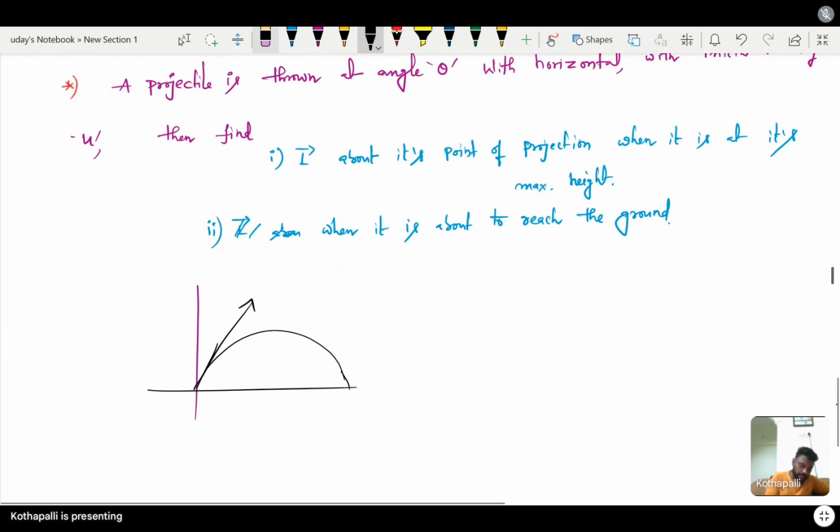Initial velocity u at an angle theta with horizontal, and when it is at the highest point, and when it is about to reach the ground at the end point, what is the angular momentum of this particular projectile about the origin, or about the axis of rotation, which is at the point of projection? Take the mass of the body in projectile motion as m. Think of it. I'll give you 2 minutes time.